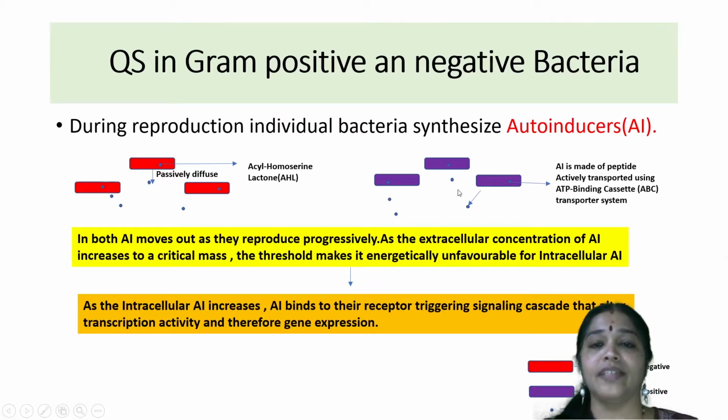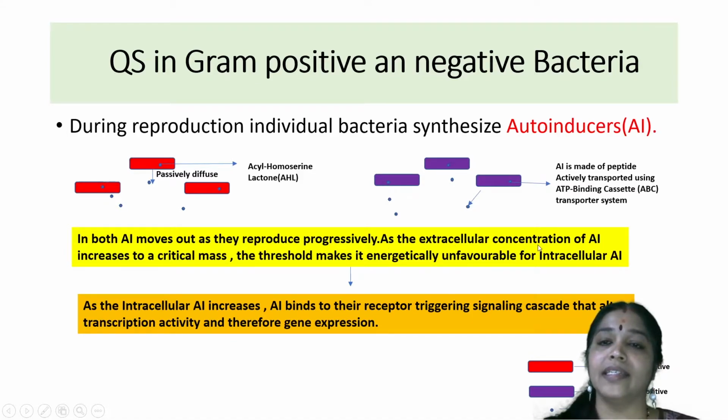In gram-positive bacteria, the autoinducer is made up of peptide and it is actively transported using the ATP binding cassette transporter system of the peptidoglycan layer in the cell wall. Whether gram-negative or gram-positive, as they reproduce progressively, they will move out the autoinducers.